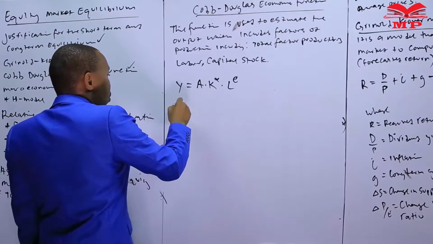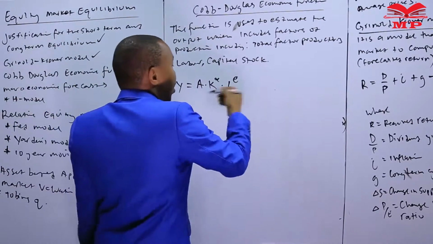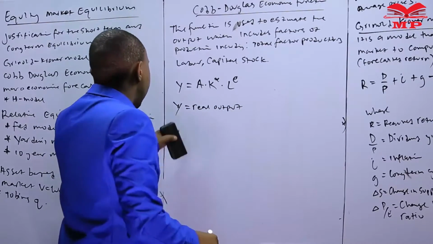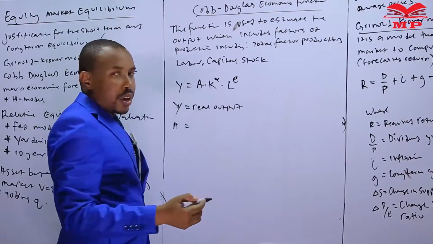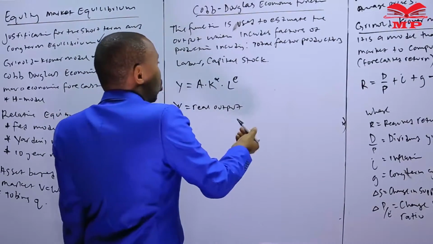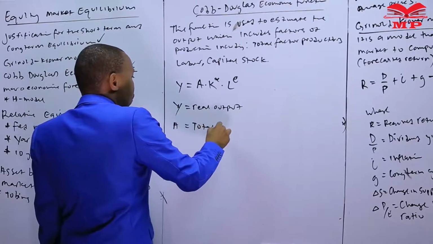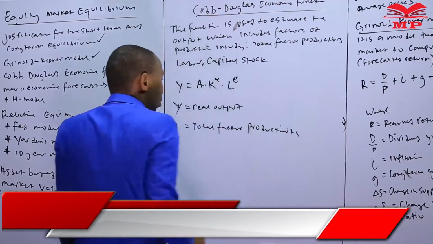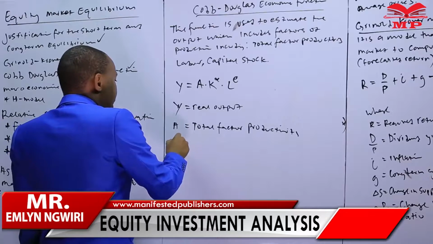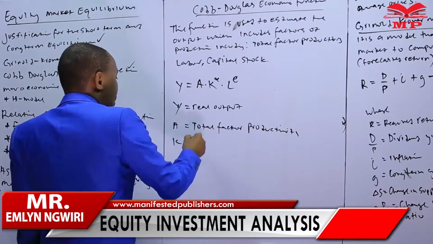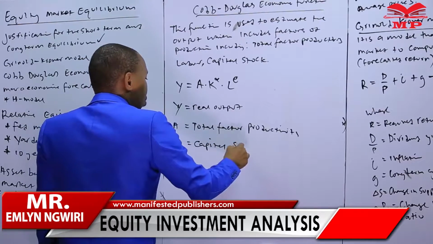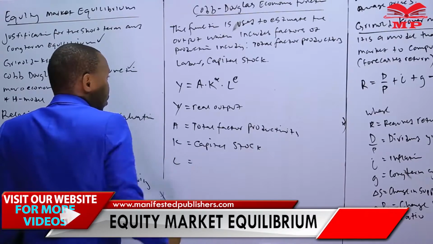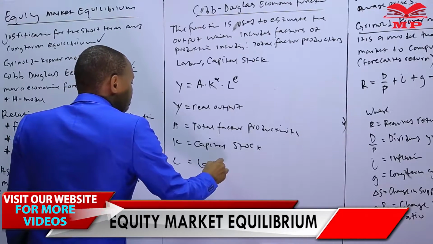We start with Y, which is real output. A is the total factor productivity. K is the capital stock. L is the labor output.